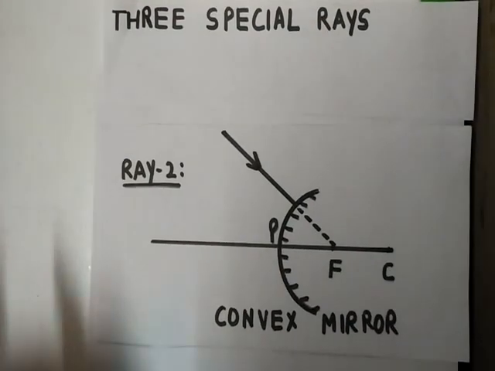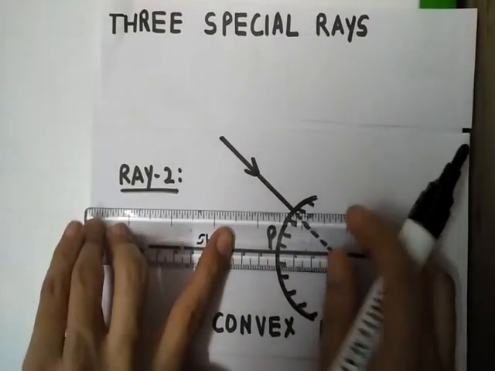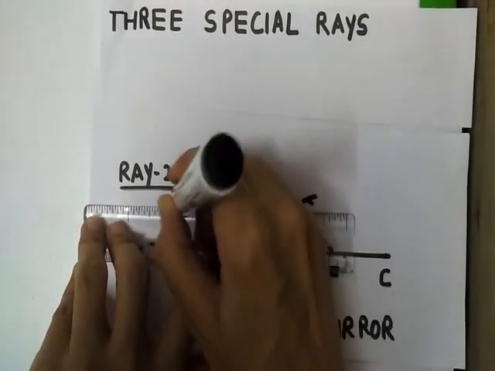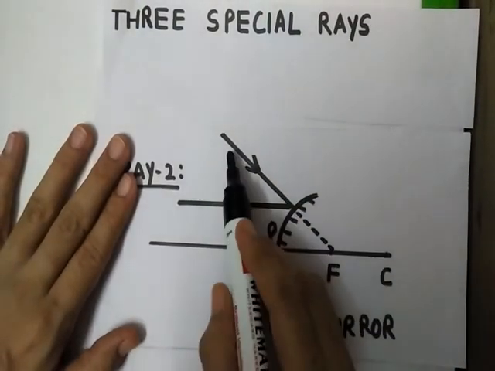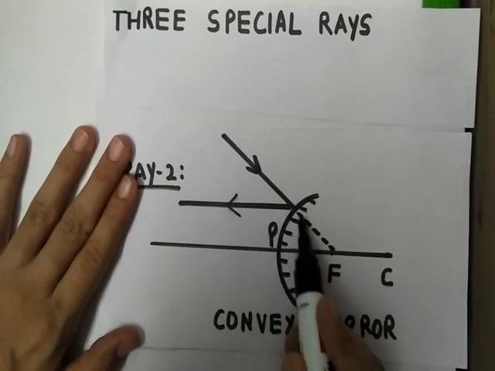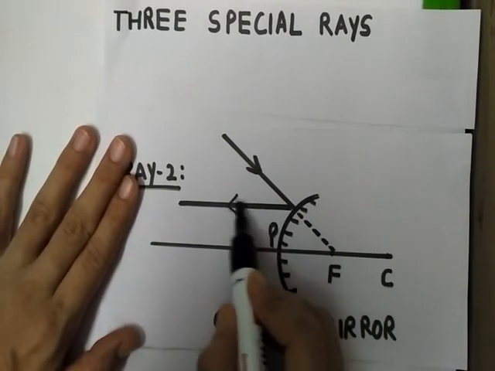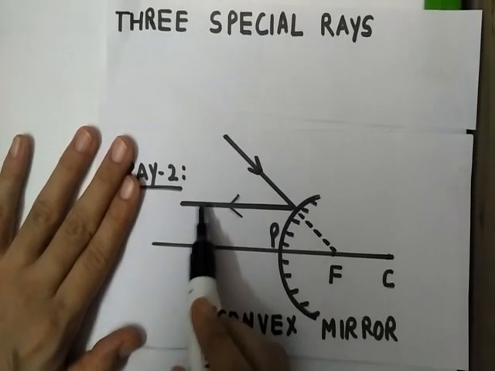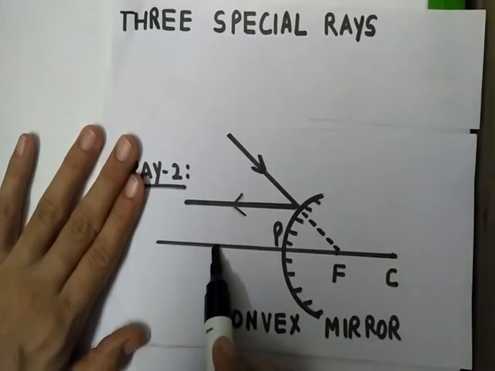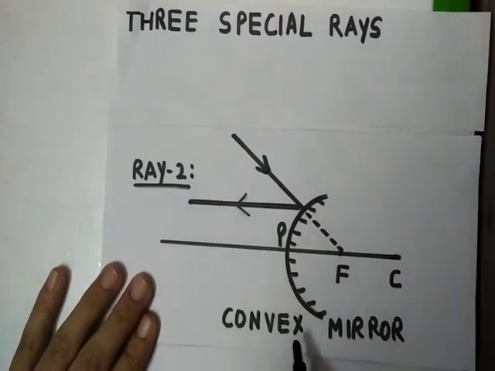Now it will reflect from the mirror and it will become parallel to the principal axis. So whenever the incident ray passes or appears to pass through the focus, then after reflection from the mirror, it becomes parallel to the principal axis. See, this reflected ray is parallel to the principal axis. So we have drawn ray 2 for the convex mirror.